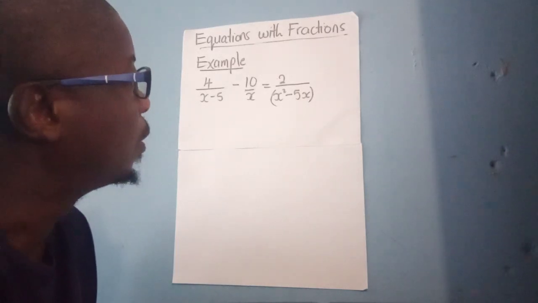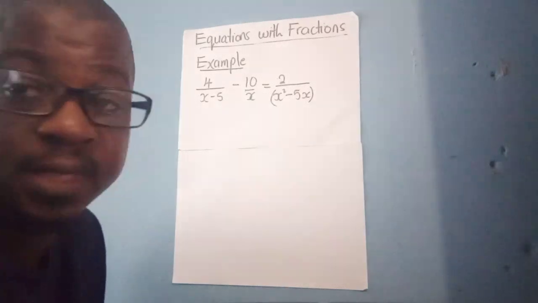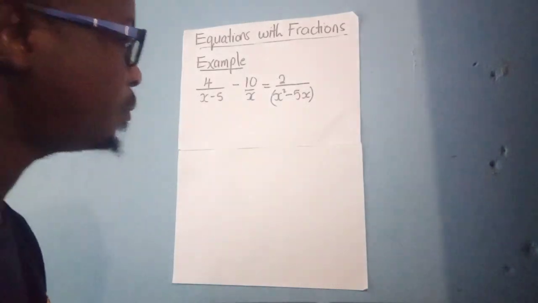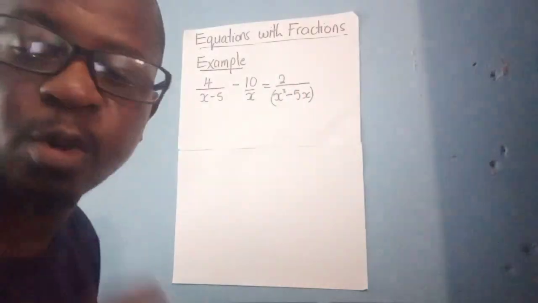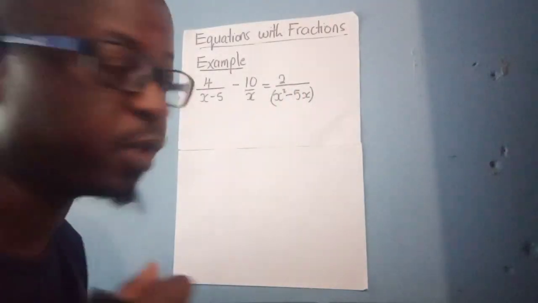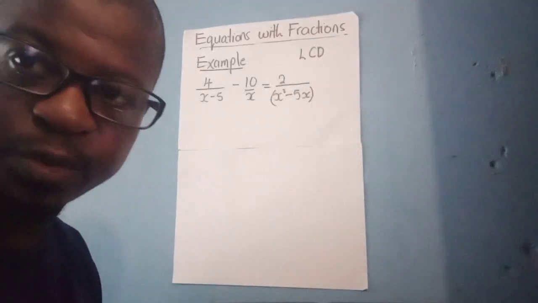Says 4 over x minus 5 minus 10x minus 10 over x is equal to 2 over x squared minus 5x. Here I'm going to find the lowest common denominator, LCD.